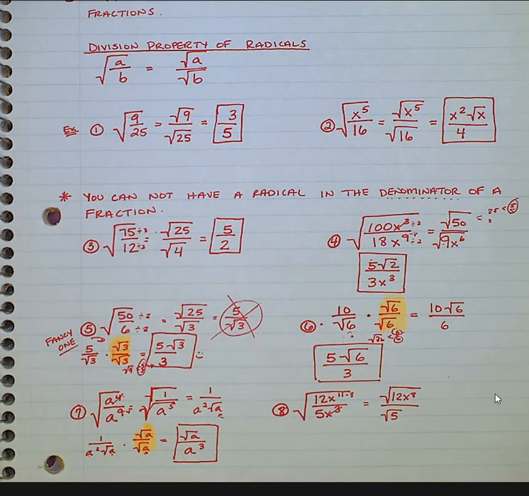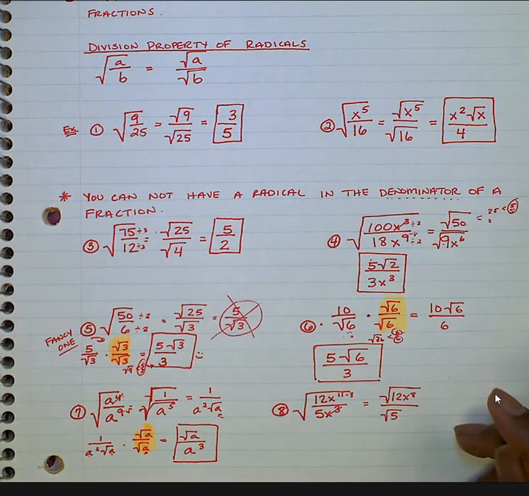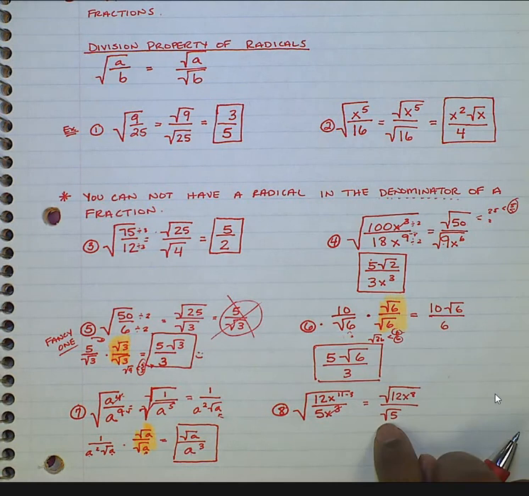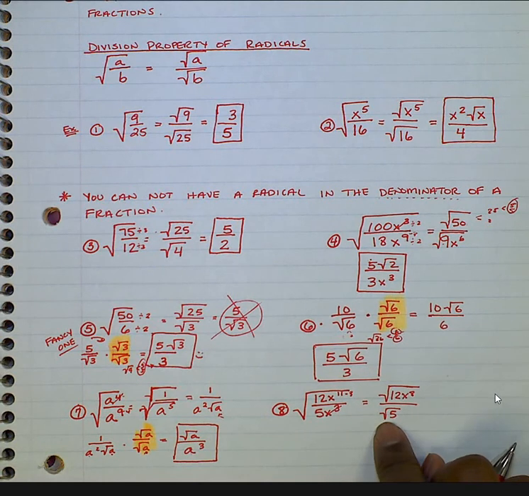Now I can simplify this if I wanted to. What I'm going to do is I'm just going to multiply by radical 5 first. And you can do it in any order that you want. Some people will prefer to get rid of the radical in the numerator and make it a smaller number as soon as possible. Some people would prefer to get rid of the radical in the denominator as soon as possible. I'm one of those people.